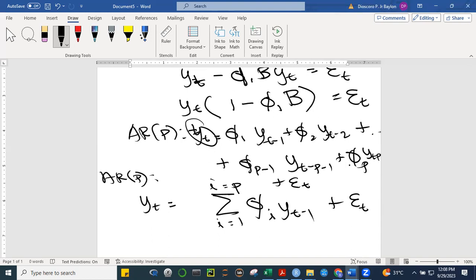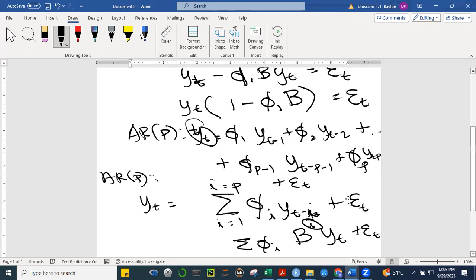I just showed you, class, how this can be written. Of course, we can replace this with B, which is equal to the summation of phi sub i, and then B to the i, of y sub t, plus epsilon sub t. B to the ith power, depending on the lag.